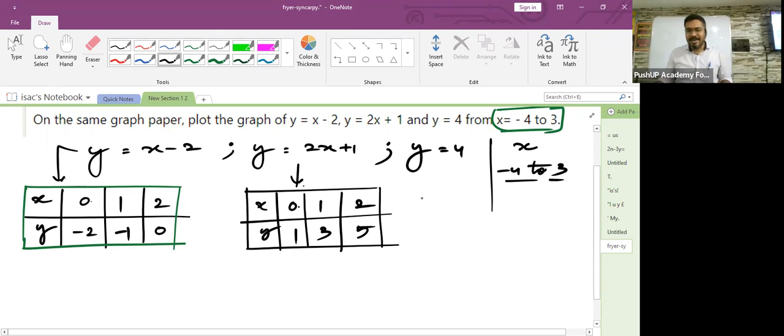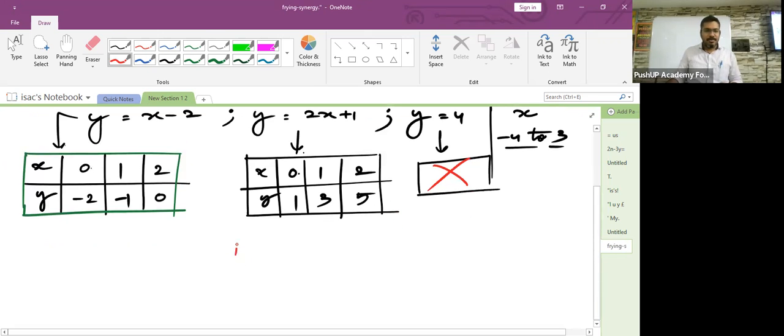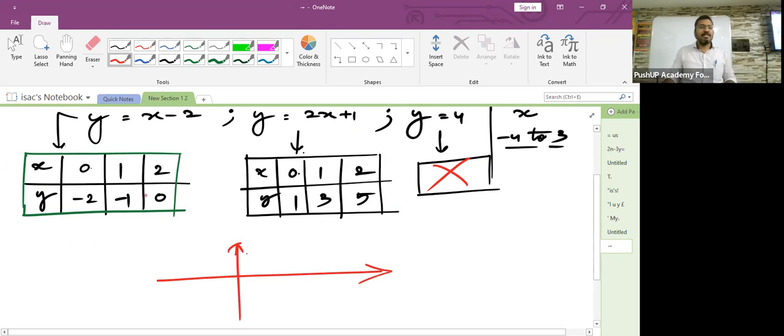Now you all are thinking, why did I not create any table for y is equal to 4? You all must be thinking about it. Children, listen. y is equal to 4. Do you remember me teaching you the equation of an x-axis and y-axis? What is the equation of x-axis? y is equal to 0, isn't it?